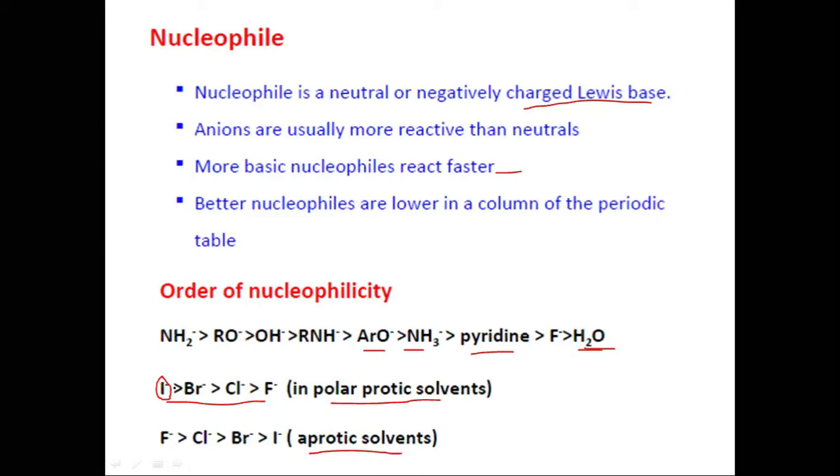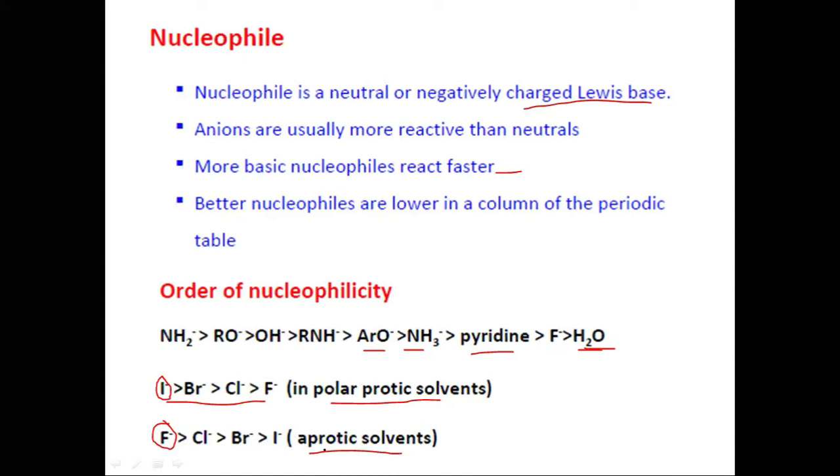Then the trend will be reversed from I minus to F minus. So in such cases, F minus will now be a better nucleophile for the nucleophilic substitution reaction over I minus. F minus has better nucleophilicity, then Cl minus, Br minus come in the later stages, then I minus is the least in the aprotic solvent.